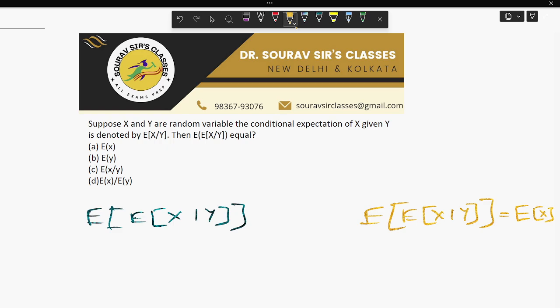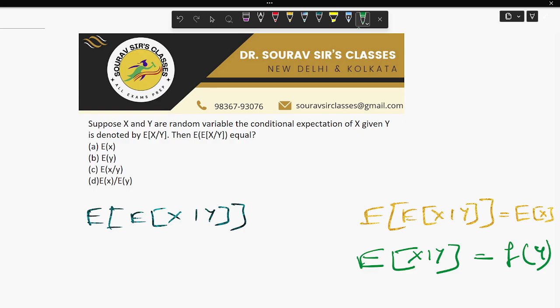So what will be our intuition? Our intuition tells us that the conditional expectation is a function of y. We can easily see that, and it represents the expected value of x given the information about y.